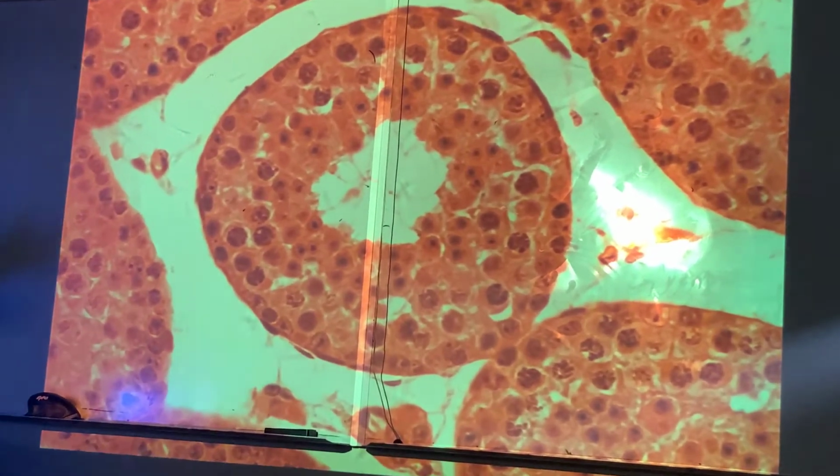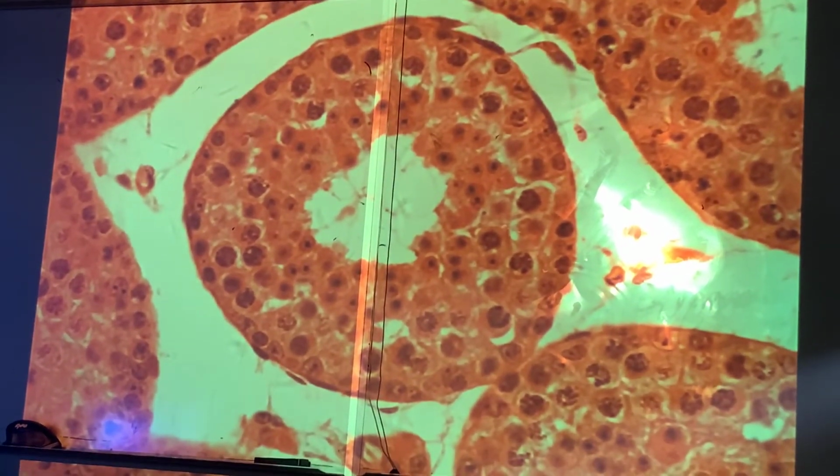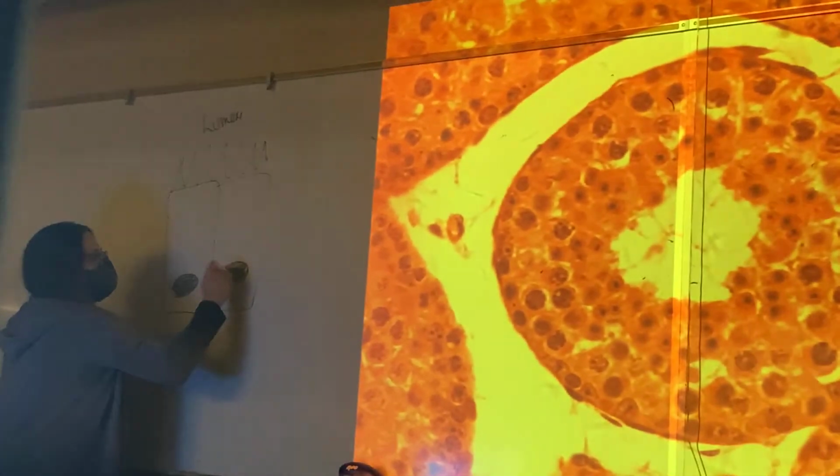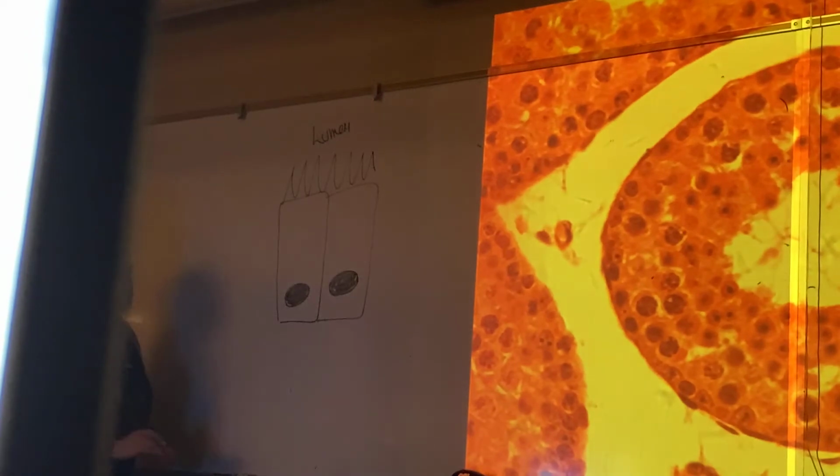Whereas if you're looking at the epididymis, you're gonna see a nice layer of epithelial cells with microvilli on the apical surface. This would be the lumen up here. And you're gonna see a nice defined nucleus. It's gonna be nice and purple. You're not gonna see anything in it. Right, it'll be like that, okay? And it'll line up really nicely.